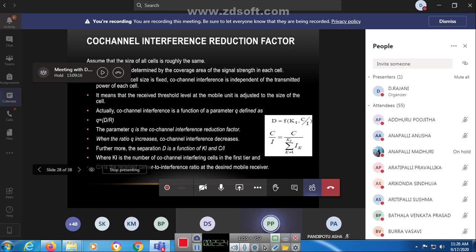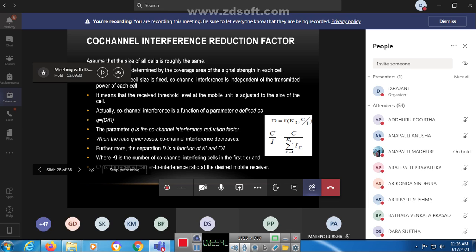Q is the co-channel interference reduction factor. When Q increases, the co-channel interference decreases.